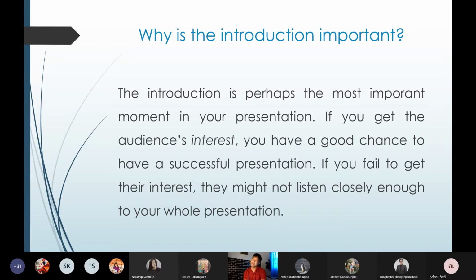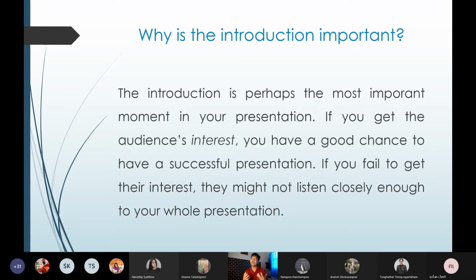So it is one of the most important parts of your presentation. Why? If you get the audience's interest, you have a good chance to have a successful presentation. If you fail to get their interest, they might not listen closely enough to your whole presentation. So basically, it's an attention grabber.